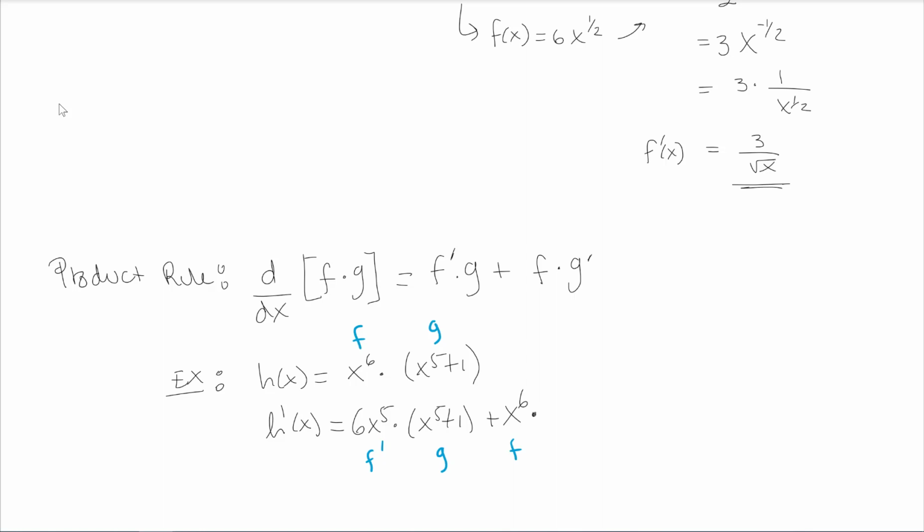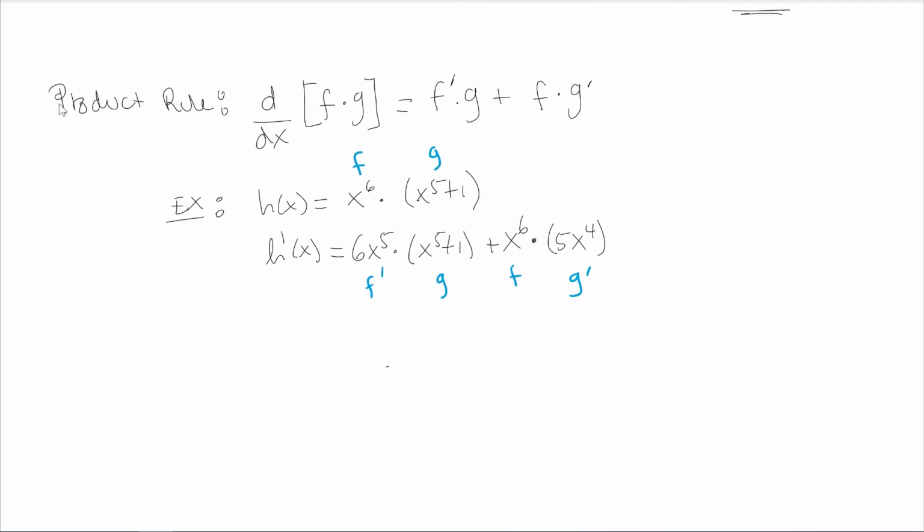The derivative of x to the 5th is 5x to the 4th. And so this is your g prime. And then you simplify it. So my h prime of x then would be 6x to the 10th plus 6x to the 5th, plus 5x to the 10th.